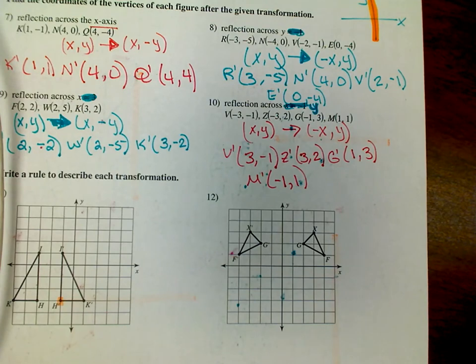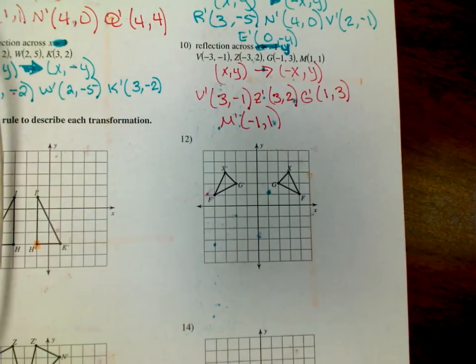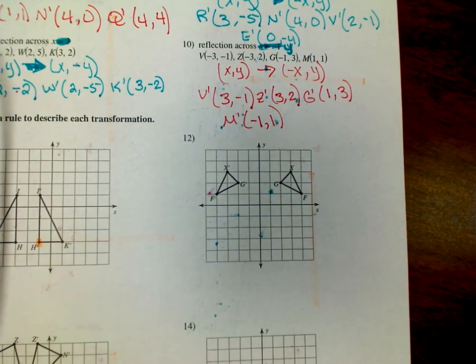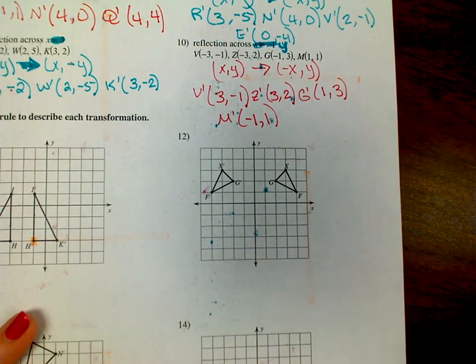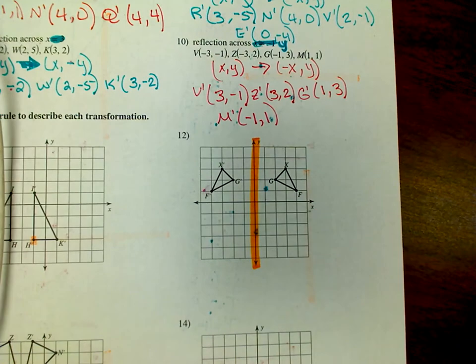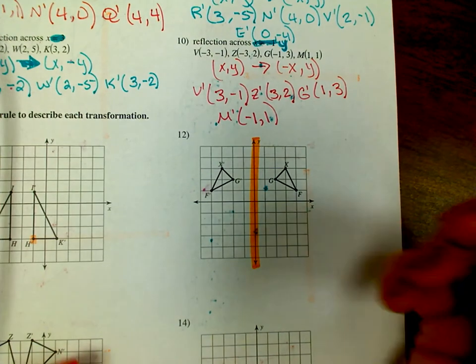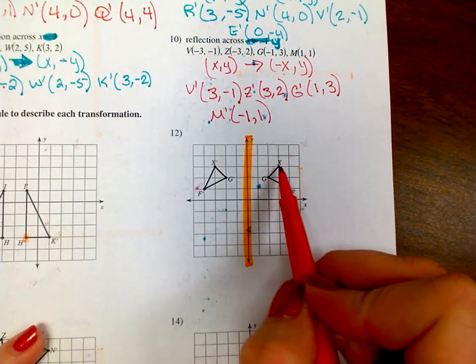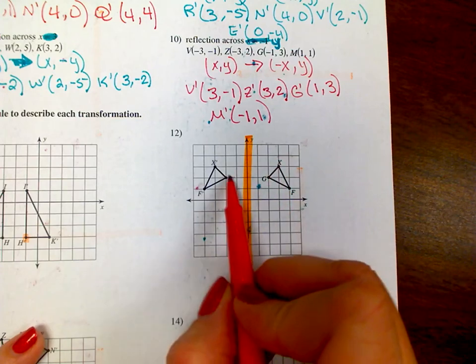And we are going to do number 12. We are not going to do 11, 13, or 14. Let's just do number 12. So it is reflecting over the y-axis. And this is your original. This is your prime numbers.